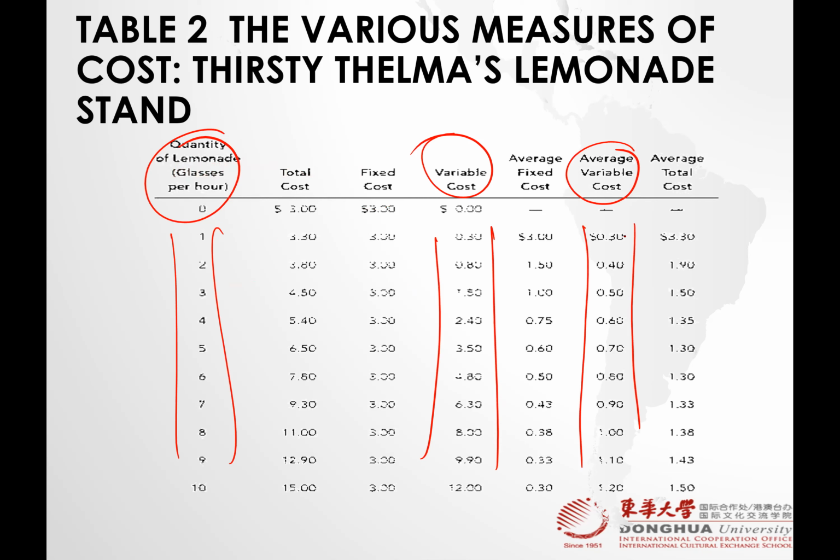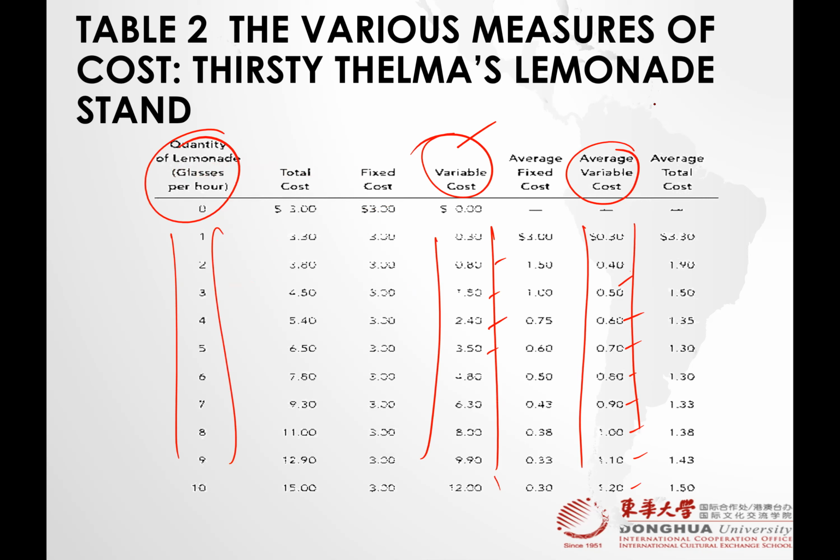You see here 0.3, 0.4, 0.5, 0.6, and so on. And if you see the variable cost, 0.3, 0.8, 1.5, 2.5, it is increased. So it means average variable cost is also increasing.